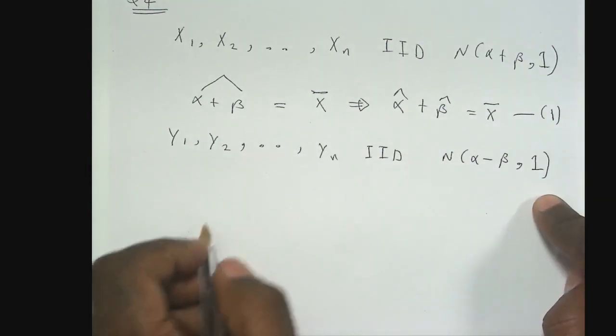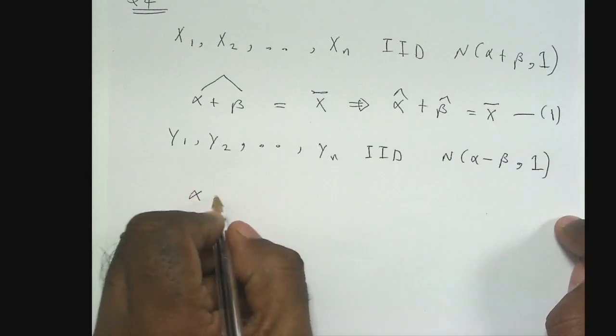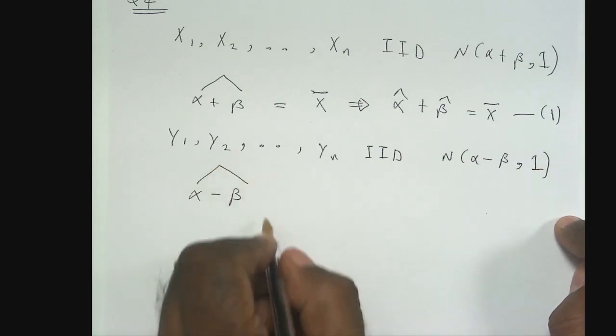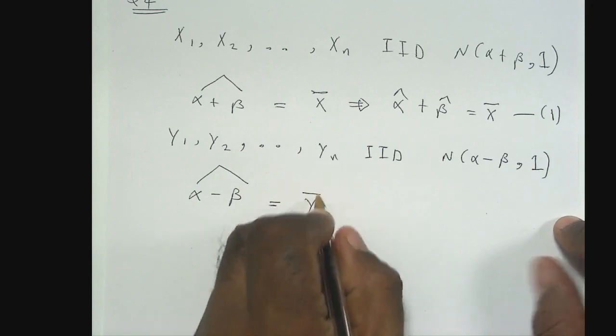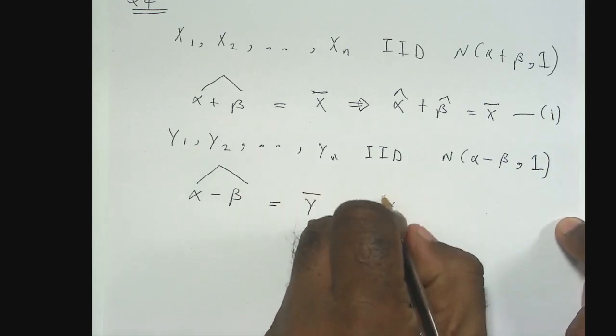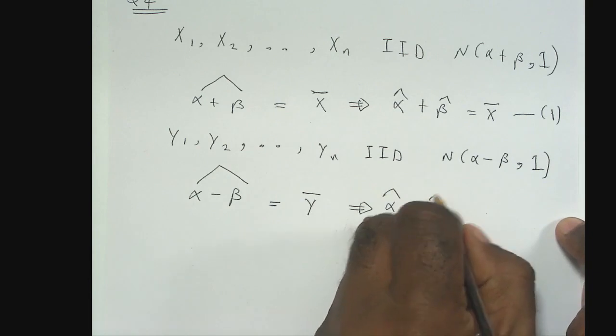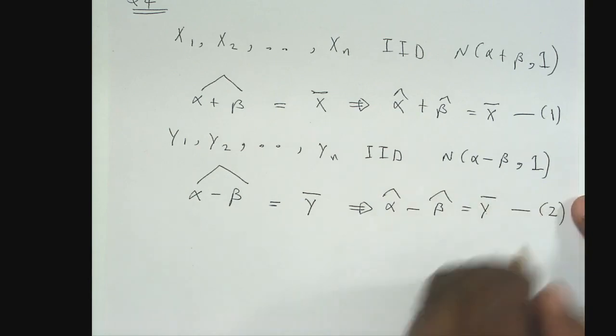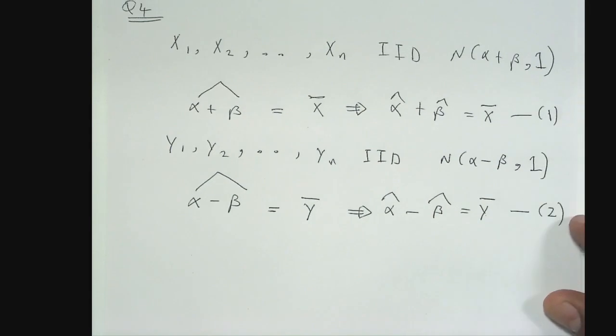So by the same argument, the MLE for alpha minus beta is equal to the sample mean, which is y bar, which is the same as saying that the MLE for alpha minus the MLE for beta is equal to y bar. Call this equation 2. So you now have two equations and two unknowns.